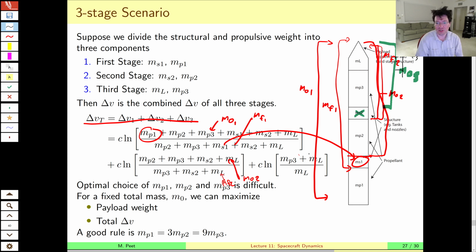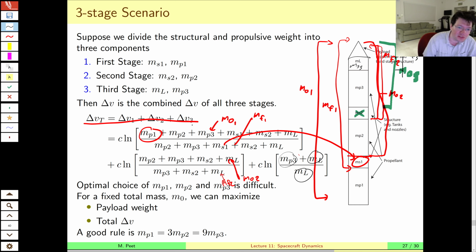So this payload includes structural weight in that, if we like, ms3. The initial weight of the third stage is propellant plus payload, and then the final mass is just payload. To get the total delta V, we just add up the delta V's accumulated by each of the stages, add them together, and that gives us the total delta V.